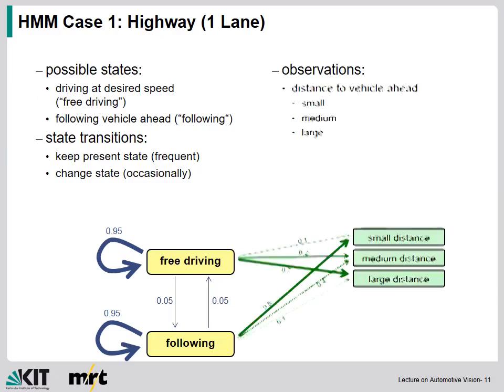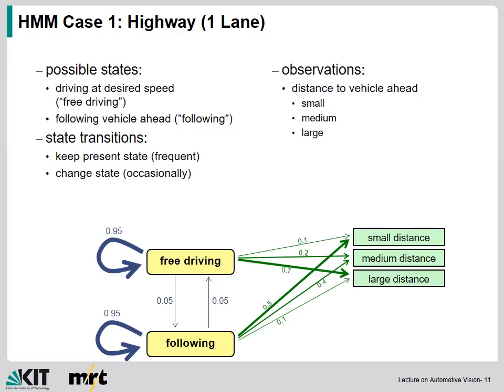Now let's talk about observations. We might consider, for instance, the distance to the vehicle ahead, and for instance we might discretize this observation, so not provide numbers in meters or something like that, but just say, okay, the distance is small, the distance is medium, or the distance is large.